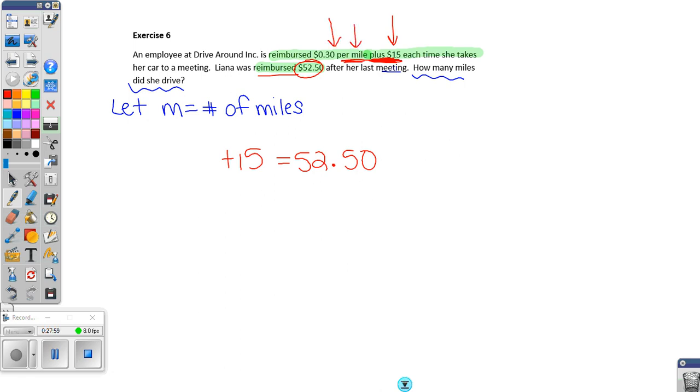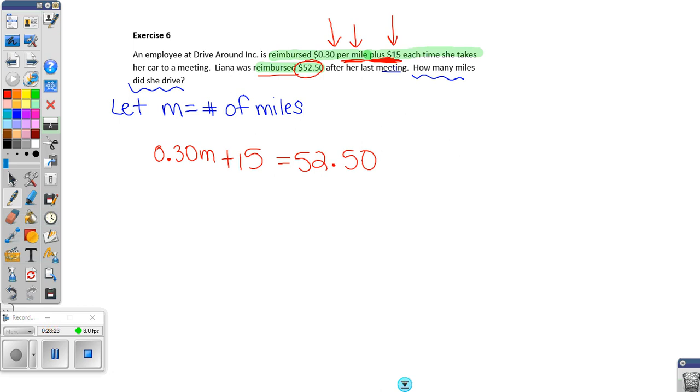Now, we don't know how many miles she drove. The company paid her 30 cents for every single mile, so 30 cents was added multiple times. We just don't know how many times. So 30 cents is being multiplied by M. That's a product to represent that we added that number over and over again.